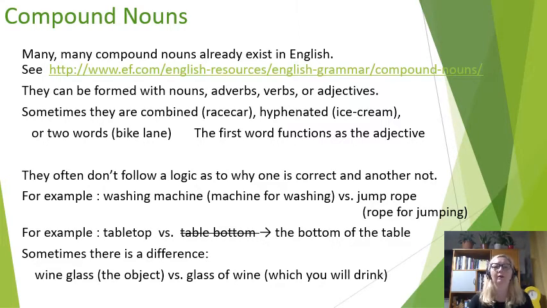So, for example, these three I mentioned here, but also for like washing machine. So washing machine is a machine for washing, but jump rope is a rope for jumping. Why don't we say jumping rope? We just don't say it. It doesn't exist. You have to learn it that way.